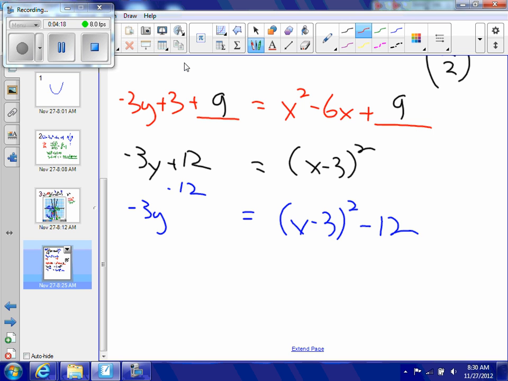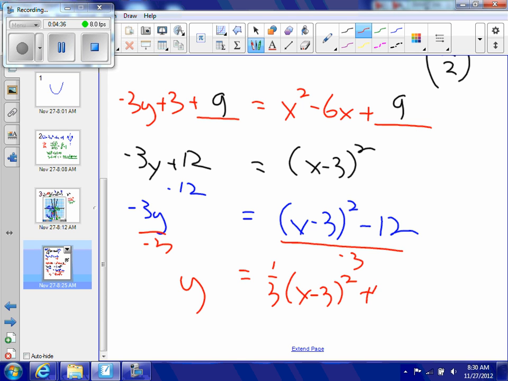Then I'll divide both sides by -3. So I'm going to get y is equal to 1/3 times x minus 3 squared plus 4.